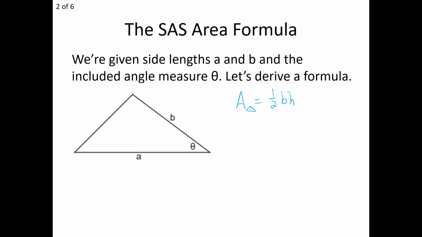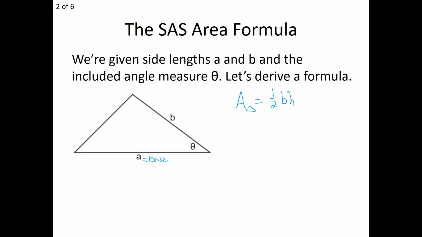Well, if we're given side angle side information, that means we can choose any of the two sides to be a base. And then the perpendicular, the height to that base, would then obviously be the altitude from the opposite vertex. What we're going to do here is choose our side a to be our base.